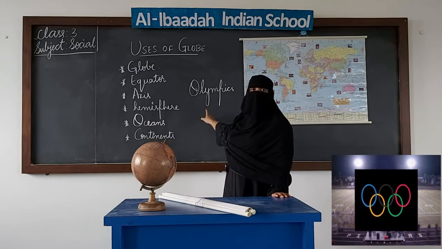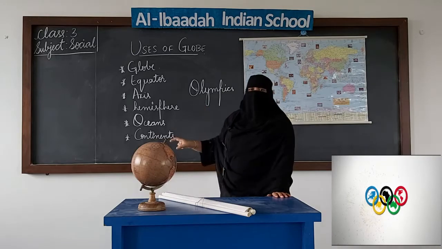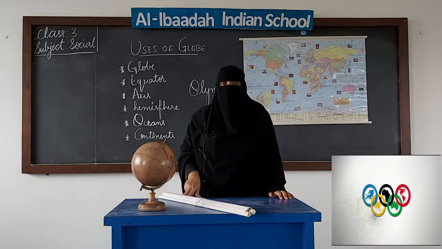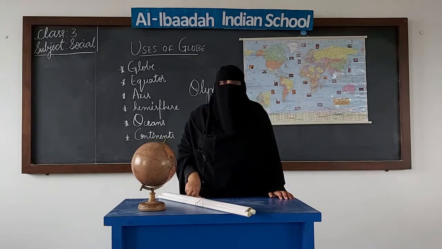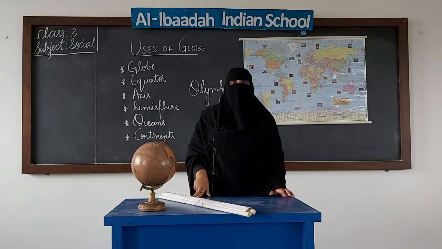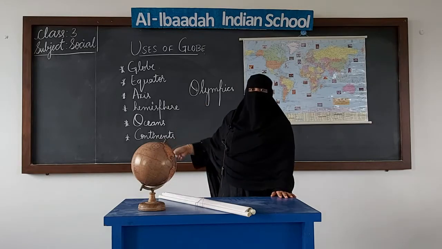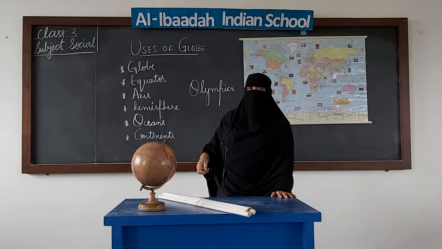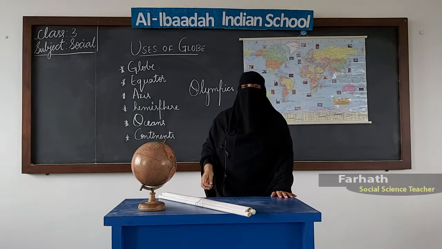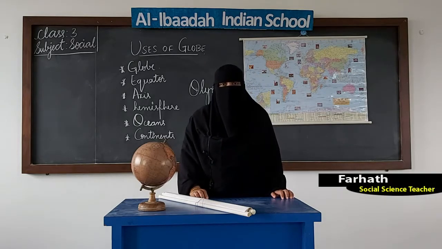Hence the Olympic logo shows only 5 rings. We also learned that Olympics is an international game tournament in which the athletes of all over the world participate in the games. So that's all we learned in today's class.